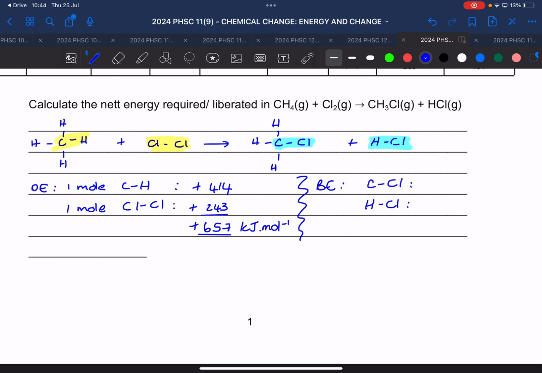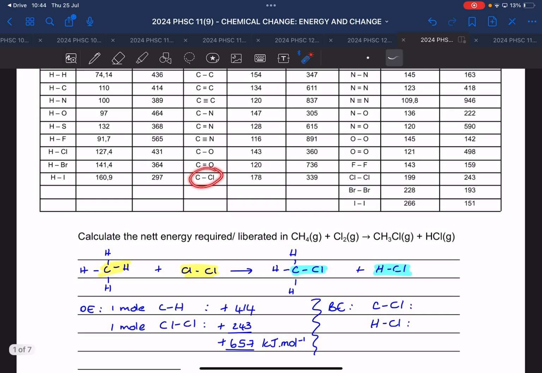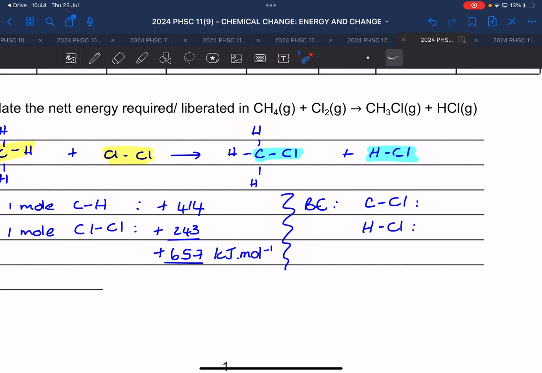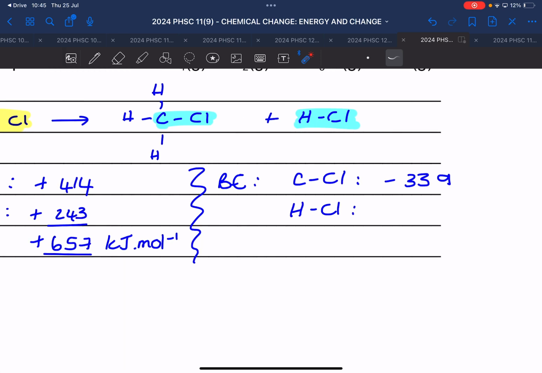If we look at the table, carbon chloride, the energy that is given off, so that is subtract, it's minus 339. And hydrogen and chlorine is 431. So negative 431. If you add that together, you get negative 770.